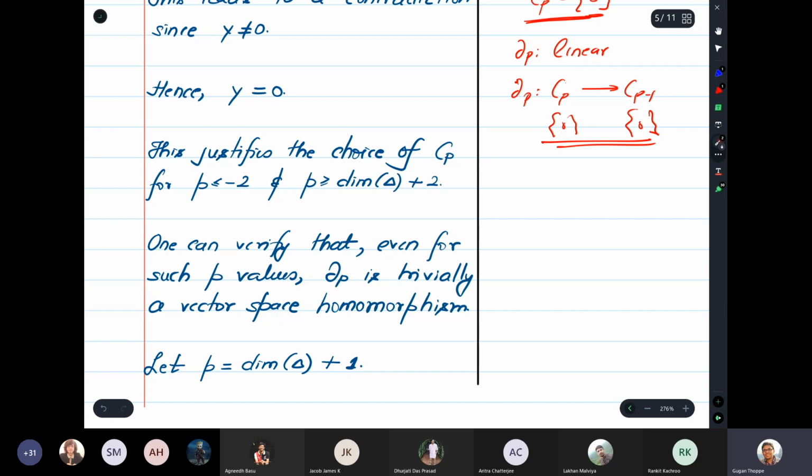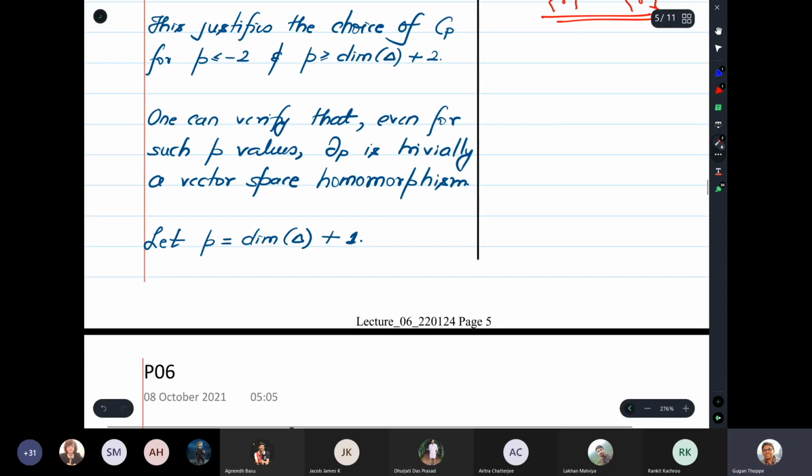But at this point, there is really no way in which Cp for p less than or equal to -2 can be used to distinguish, or play a significant role in the study of topology. This is just to make sure algebraically we can do things for all p, and there is nothing special about any p. For every p we can define it in this sense. So that's the only reason.